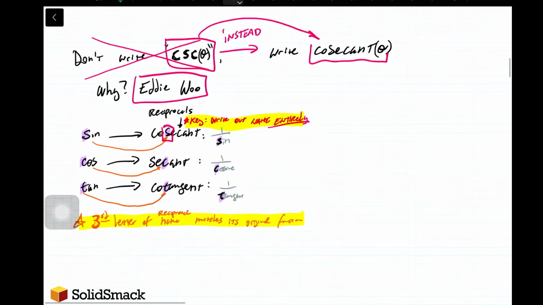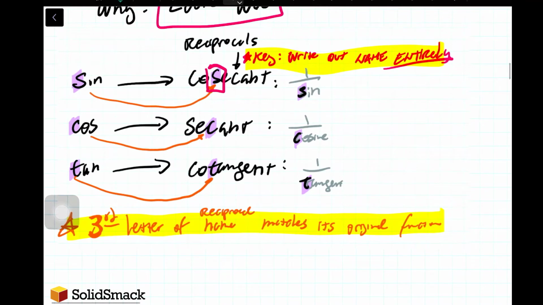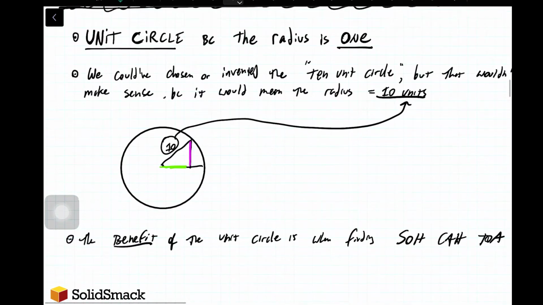The 3rd letter here in purple, when you write it out, will tell you what it is the reciprocal of. So if you see an S here, you know the reciprocal is going to start with S, and that's sine. Same thing again, write out secant, and you know secant is going to have a cosine in the denominator. That's what the reciprocal is for. Same for tangent. Always write them out.